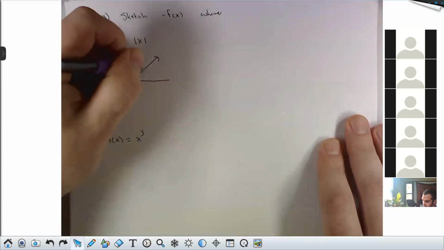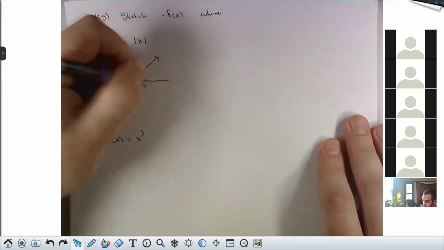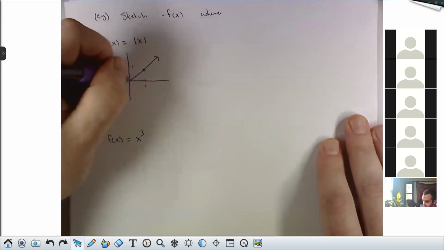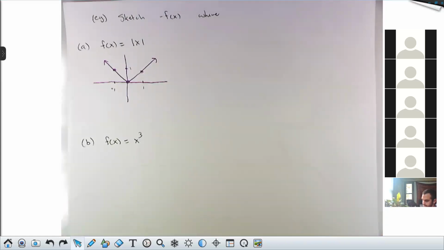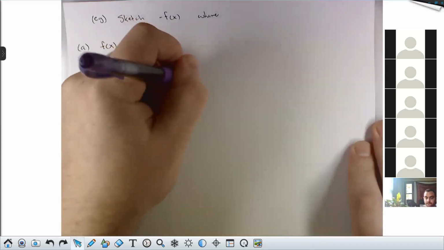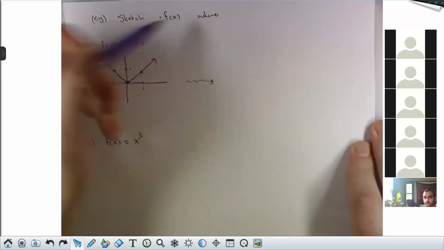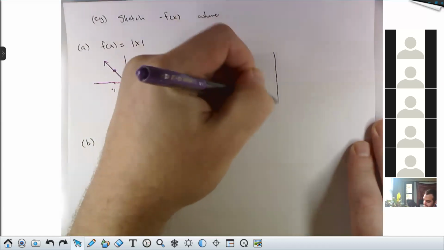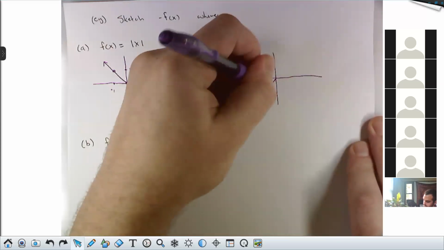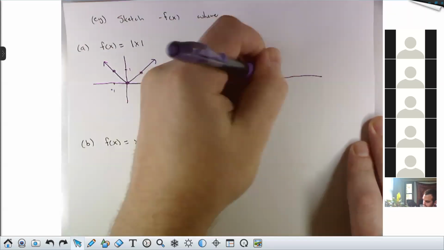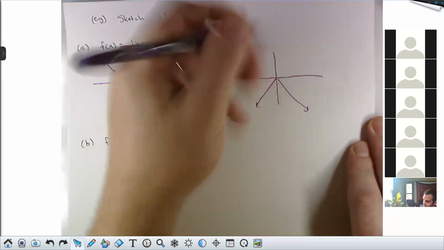You notice there's a lot of graphs that share the same trio of points, 0, 0, 1, 1, -1, 1. This time we're looking for the negative of f of x. That means we're doing a vertical flip. We're flipping over the x-axis. That's going to get me something that looks like this.